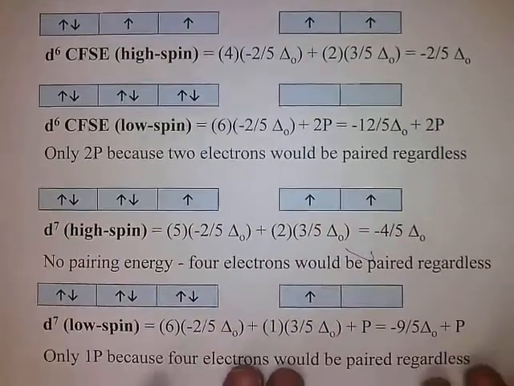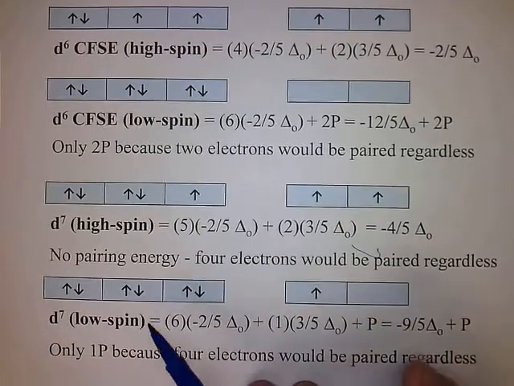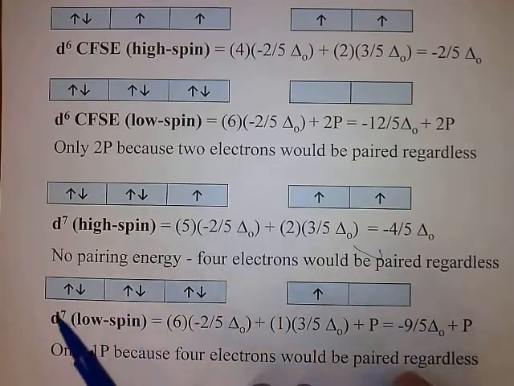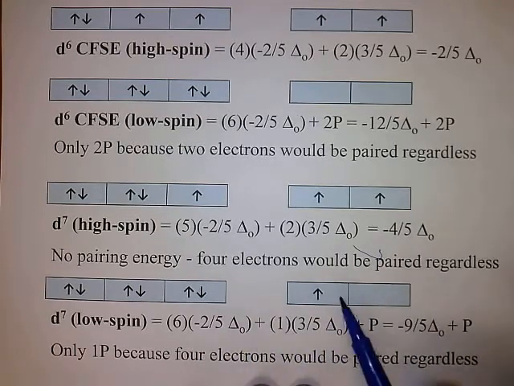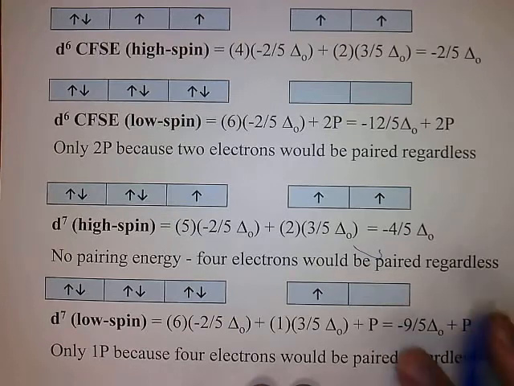All right. So we get to the low spin D7. So we have 6 electrons lowered by negative 2/5 times the field splitting, plus 1 electron that's raised by 3/5. And we have to supply 1 pairing energy.